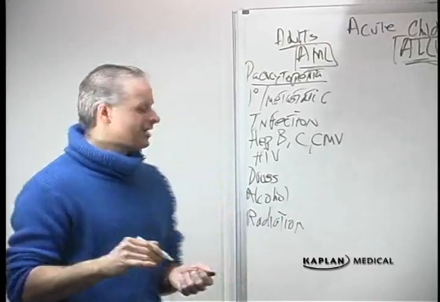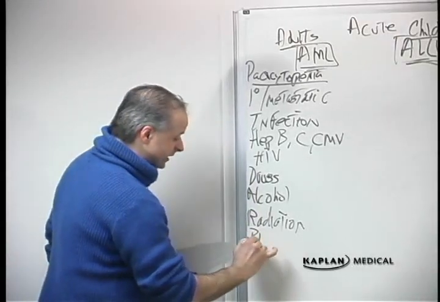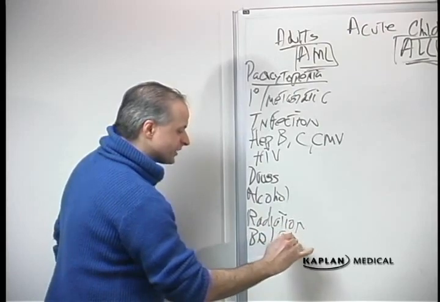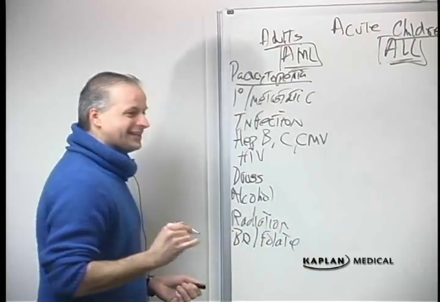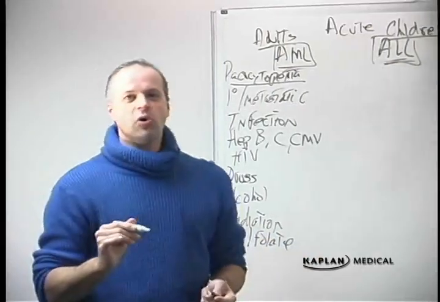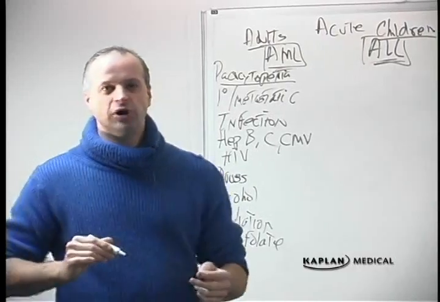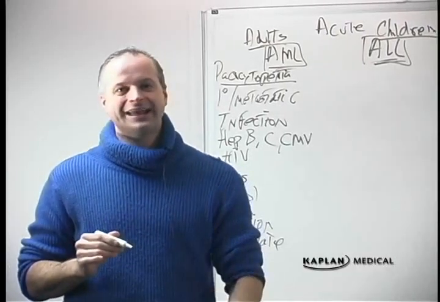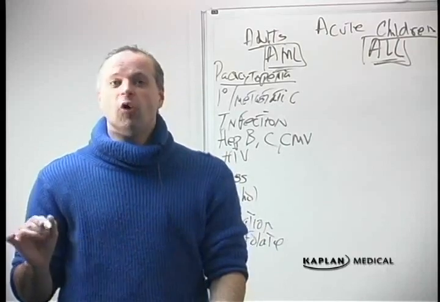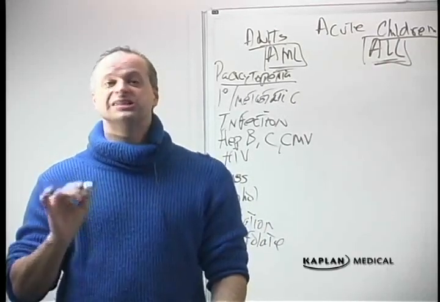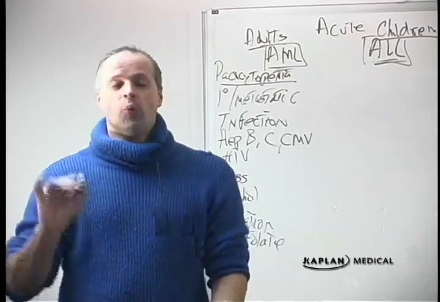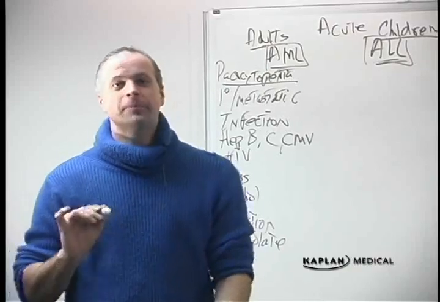Although you and I think of B12 and folate predominantly as red cell disorders, you could also have B12 and folate presenting with pancytopenia, all 3 cell lines down. Whites, reds, and platelets.